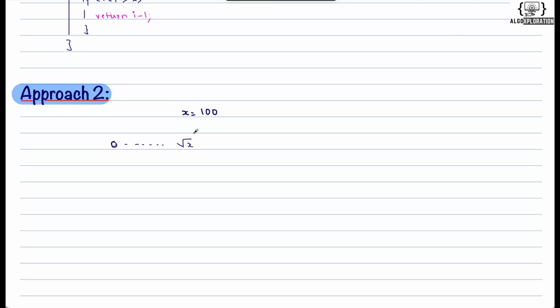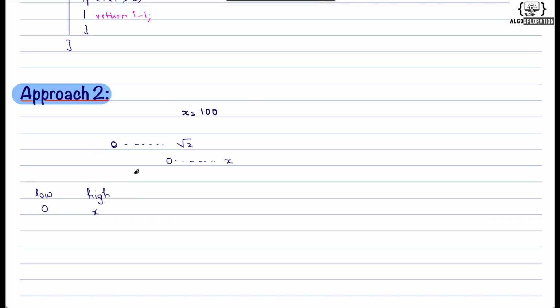We have to find that answer. So instead of taking the square root, I will be taking x only. So the sequence will be from 0 to x. Therefore, low will be 0, high will be x.